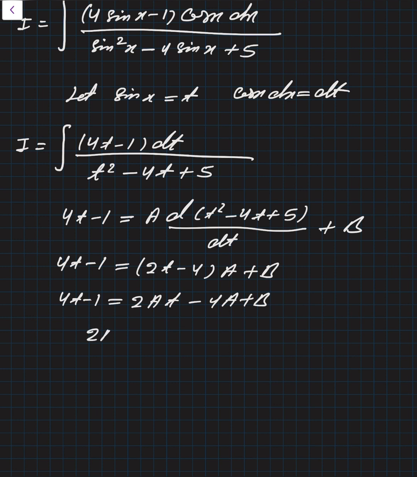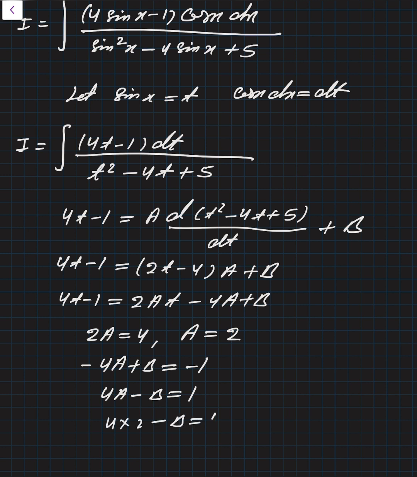If you compare, 2a is equal to 4, so a is 2. Minus 4a plus b is equal to minus 1, so 4a minus b is equal to 1. Okay, so what about b? B is equal to 7. Clear?